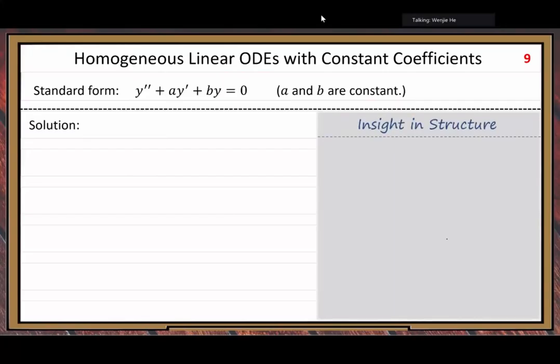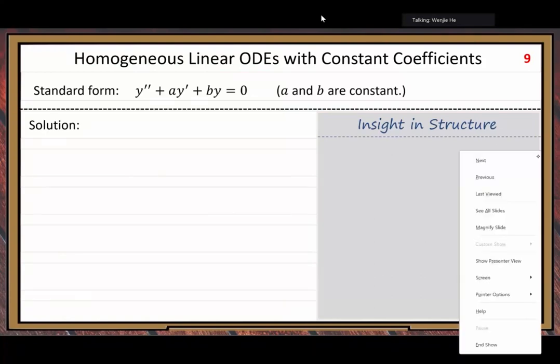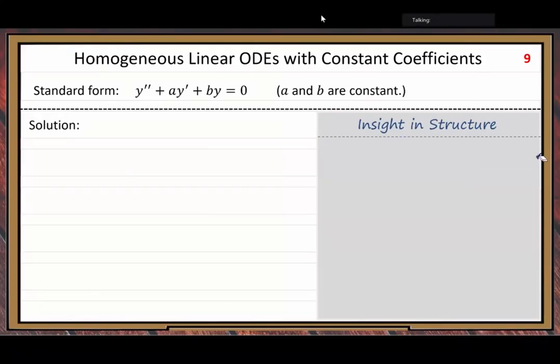Remember last time in part C of module 1, when I solved the simplest PDE, I mentioned this a little bit. At that time, I converted the PDE to ODEs and solved two of them: U double prime minus U equals 0, and U double prime plus U equals 0.